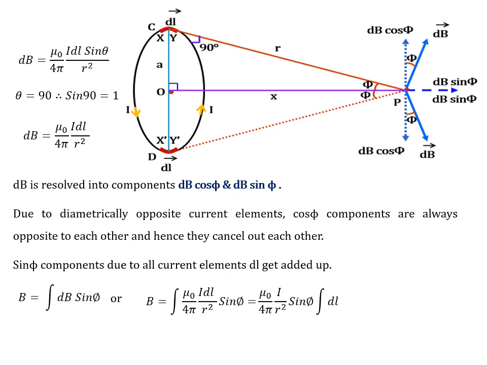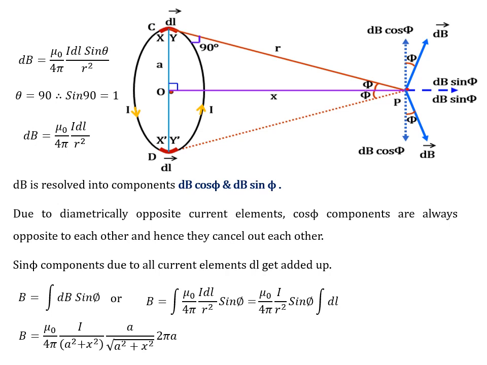Integral of dl is the total circumference of the loop, and the circumference of the loop is 2 pi a. So, integral dl is 2 pi a. You can see from the figure, sin phi can be written as a upon root over a square plus x square, because r is nothing but root over a square plus x square.